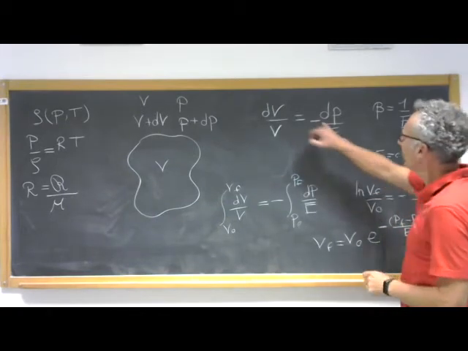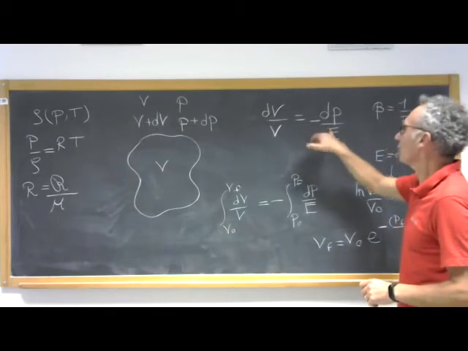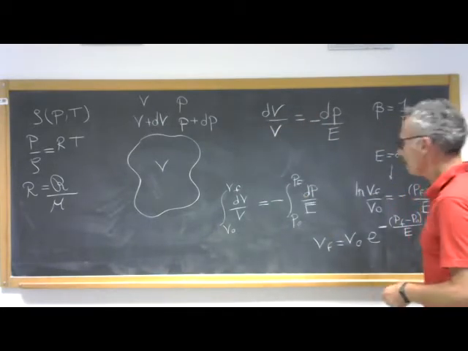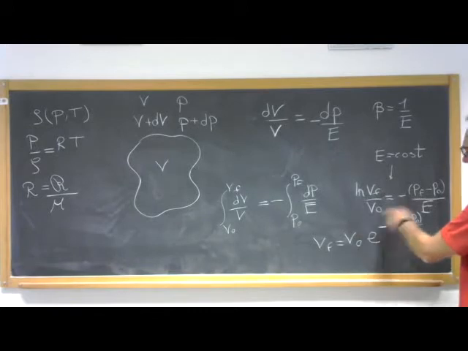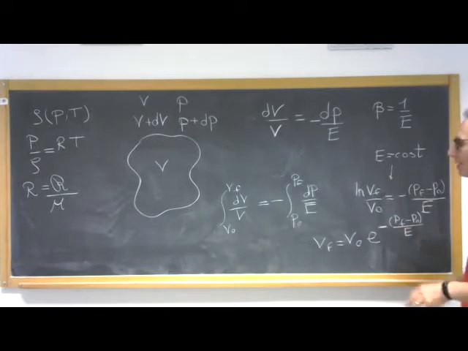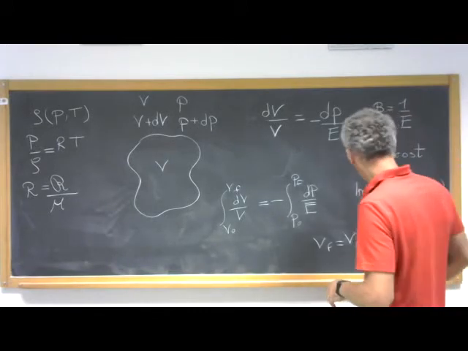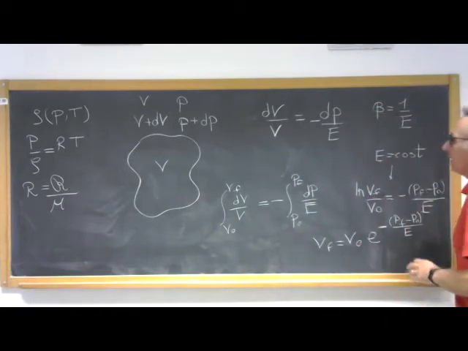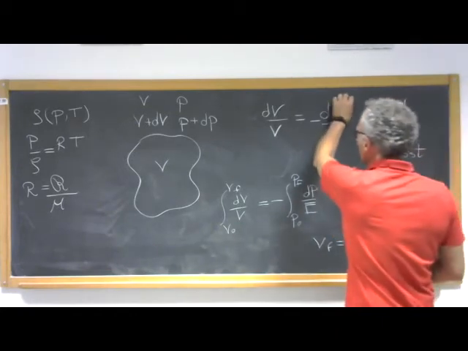As you can see, the linear relation holds only for infinitesimal pressure variations, but doesn't apply for finite volume variations.